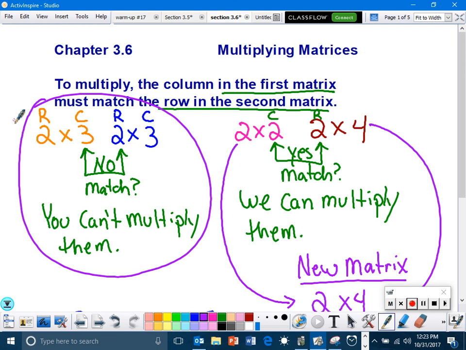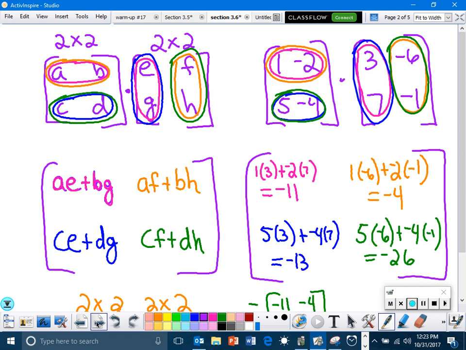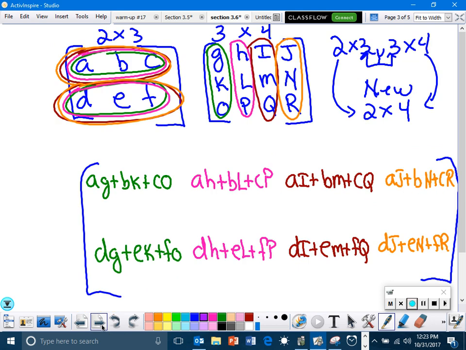So if there's one like that on your worksheet, you're just going to say, not possible, or we cannot multiply these together because the column and the row do not match. But if they do match, follow the rule here on how to multiply. You take the row times the column. All right, work on the worksheet, and I will see you later.